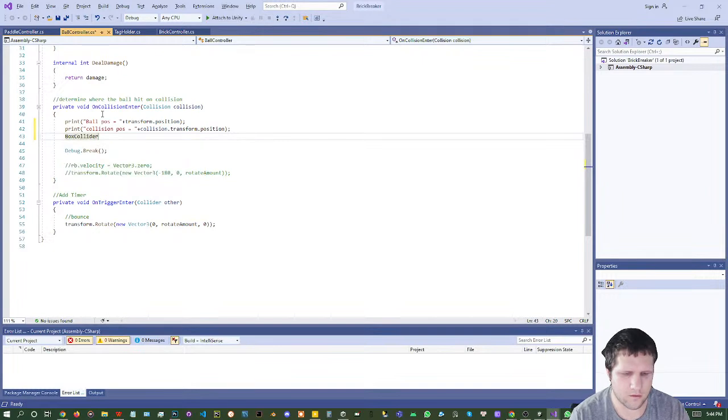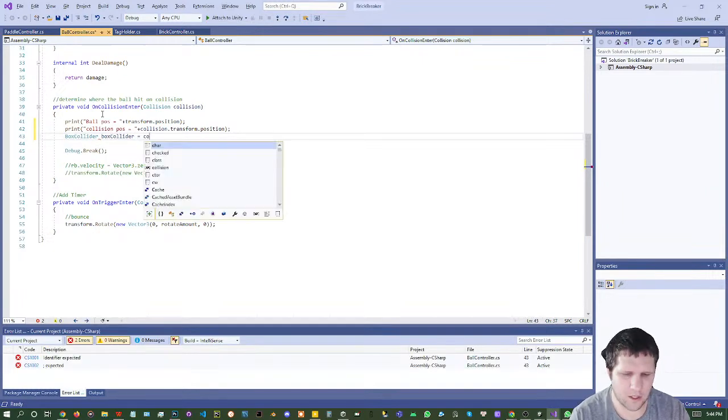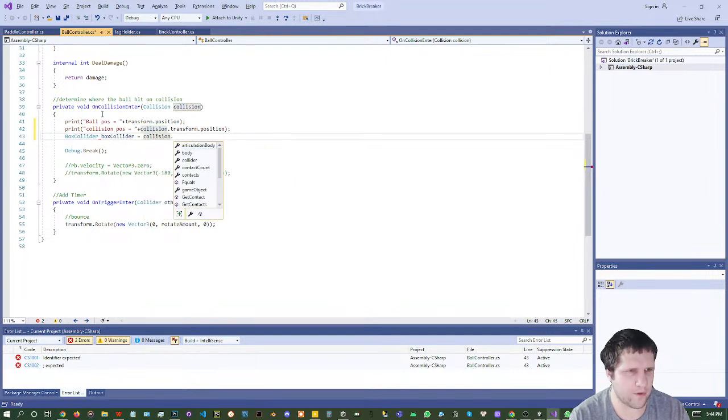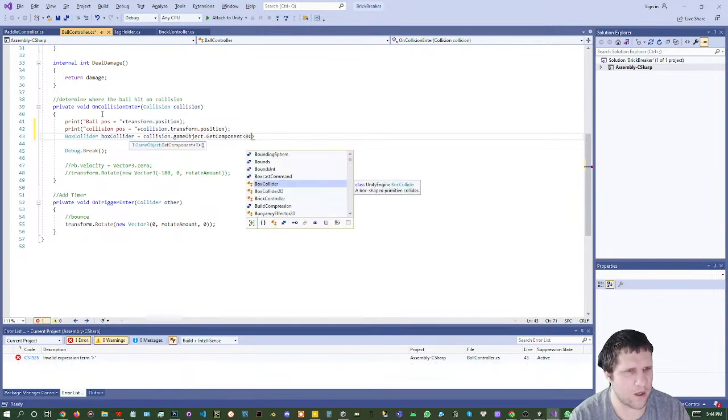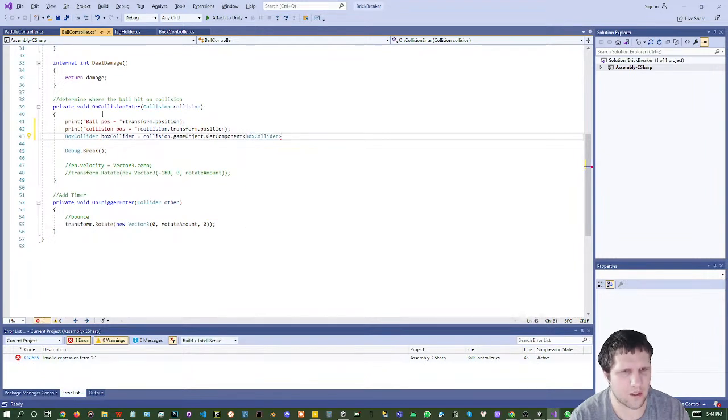So let's say box collider equals collision dot get component. Okay, collision dot game object dot get component of the box collider type.